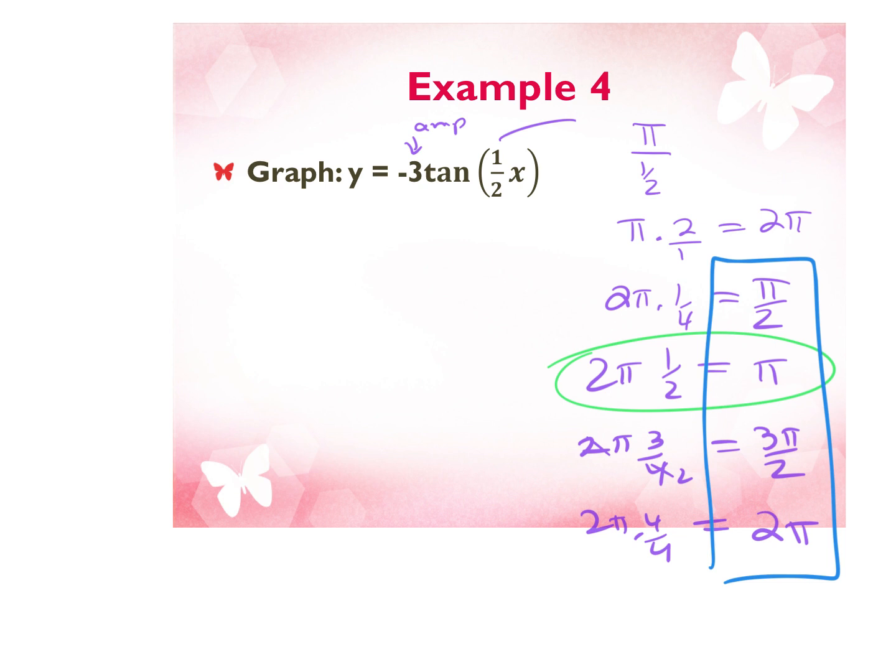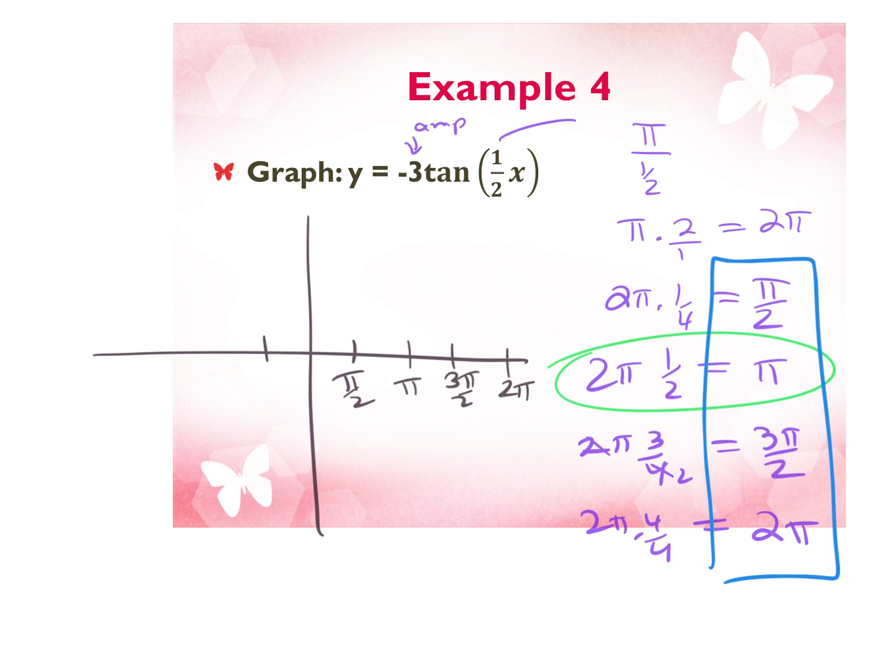Let me go ahead and draw my x-axis and my y-axis. So pi over 2, pi, 3 pi over 2, 2 pi, negative pi over 2, negative pi, negative 3 pi over 2, and negative 2 pi. And this one had an amplitude of 3 and negative 3.